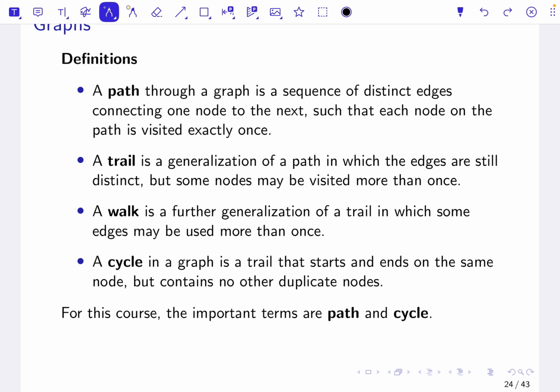So, a path through a graph is a sequence of distinct edges connecting one node to the next, such that each node on the path is visited exactly once. So, I'm just going to draw a graph to use as an example.